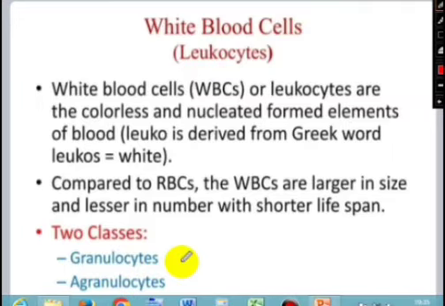However, the agranulocytes are white blood cells that are completely devoid of either fine or coarse granules in their cytoplasm. So the cytoplasm of the agranulocytes is clear.